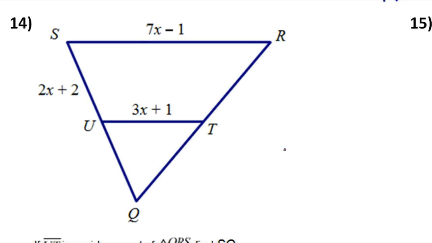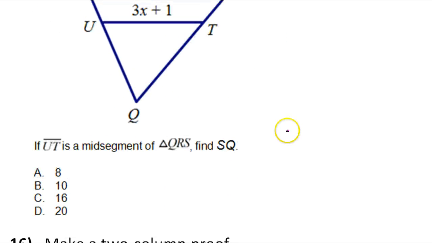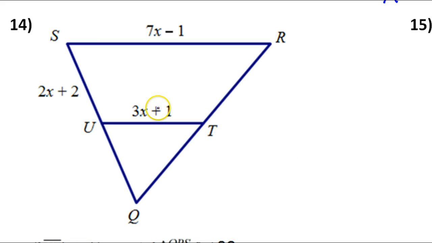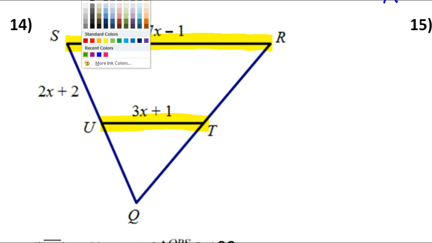UT is a mid-segment, so we're supposed to find SQ. But you can bet we're going to start by finding x, and then we'll figure out SQ after that. So when you have a mid-segment type situation, if this is the mid-segment, and this is the side that it's parallel to, then we know that this larger side is going to be double the mid-segment.